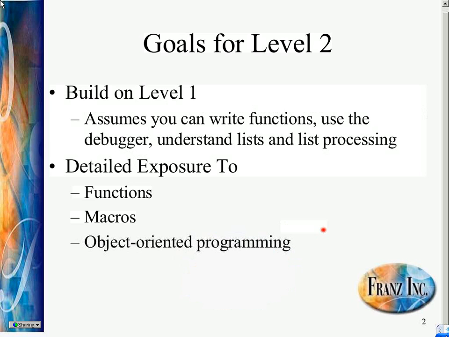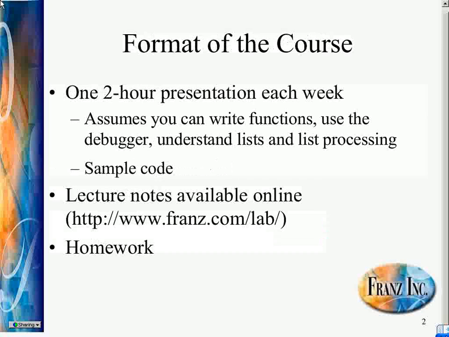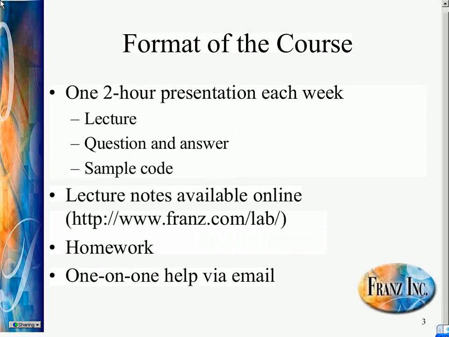We didn't, in the Level 1 course, talk about the debugger much, but presumably you've run into it at least once, and that you understand the basic data concepts of Lisp and Lisp processing. Here we're going to do more discussion of functions, discuss macros in some detail, and discuss object-oriented programming. The object-oriented programming system in Lisp is called CLOS, and we're going to get a fairly broad introduction to that.